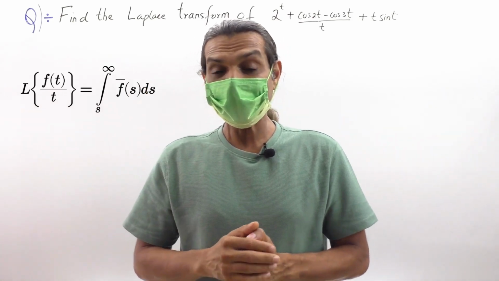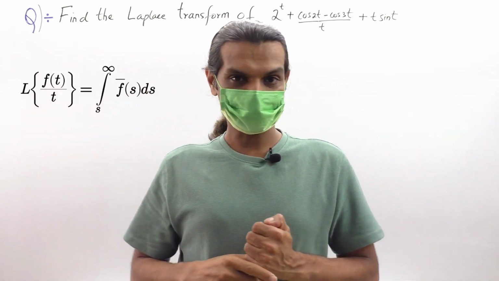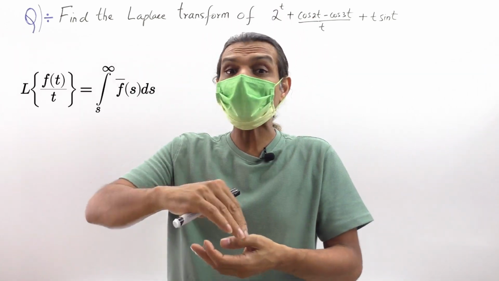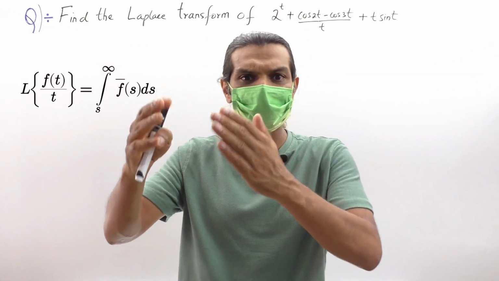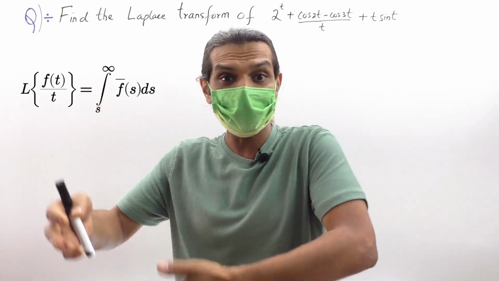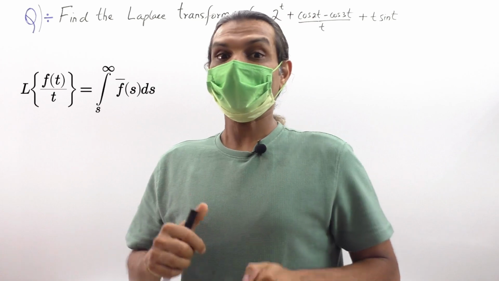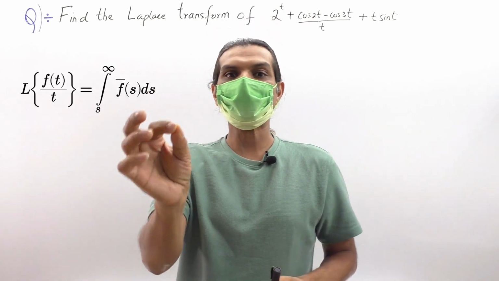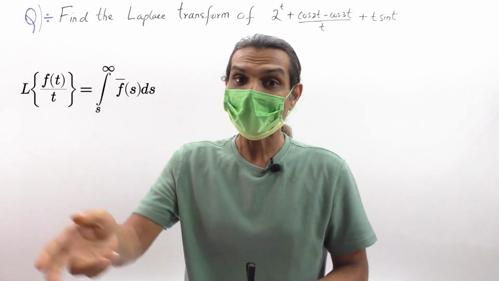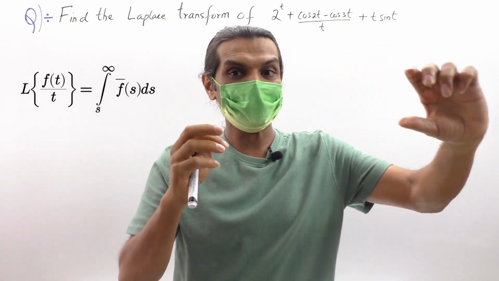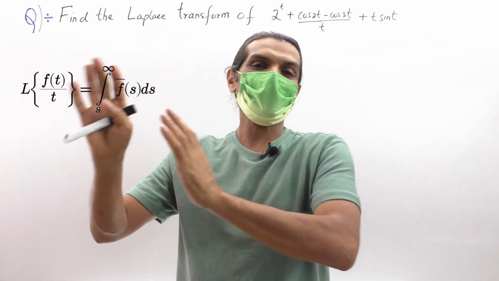Okay, that's it. Now property number 3 says: any expression in Laplace transform is divided by t, like sin t by t, cos 2t minus cos 3t by t, something like this. Then the numerator is divided by t. Upon t, we use a simple formula: Laplace of f of t by t is equal to the integration from s to infinity of the Laplace of the numerator into ds.